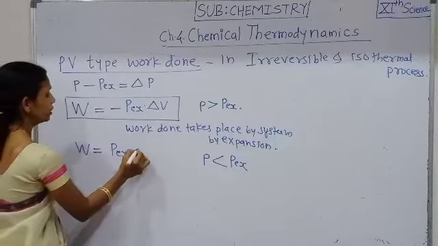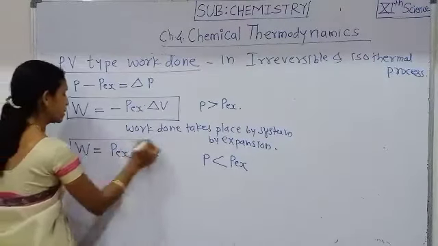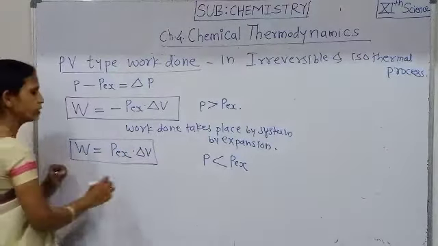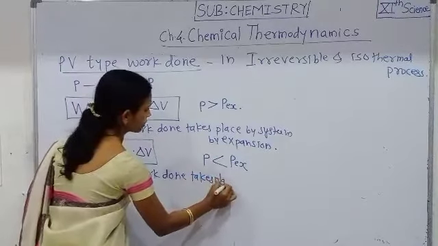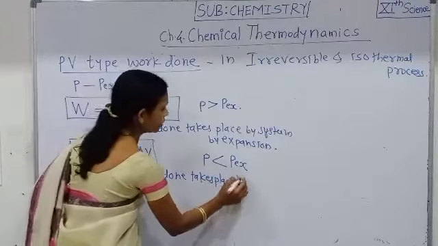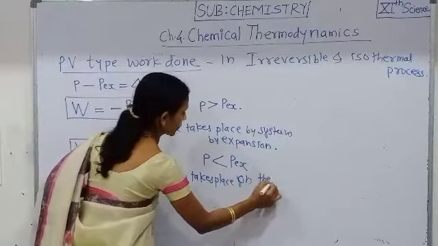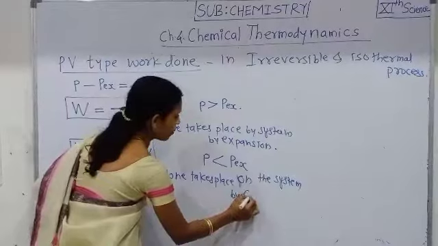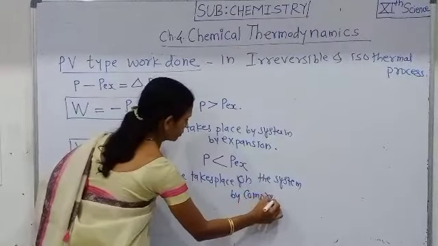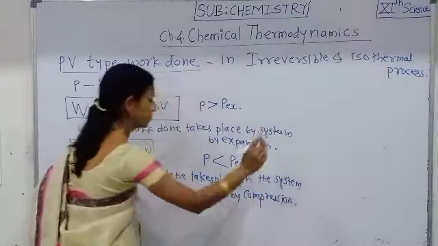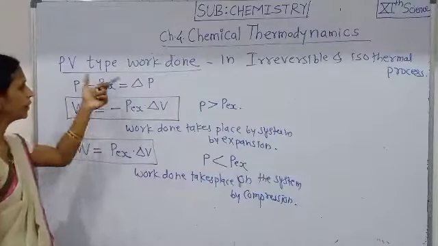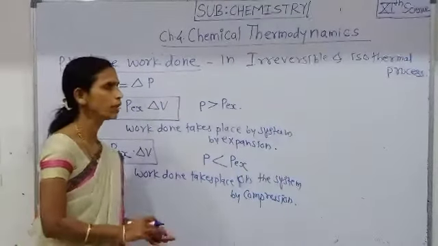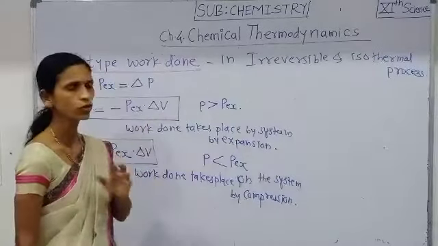Therefore PEX into delta V is the mathematical expression of PV type work done when work done takes place on the system by compression. That is about the PV type work done which takes place in an irreversible and isothermal process.